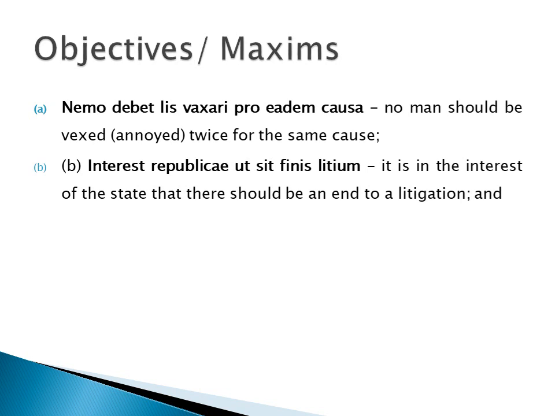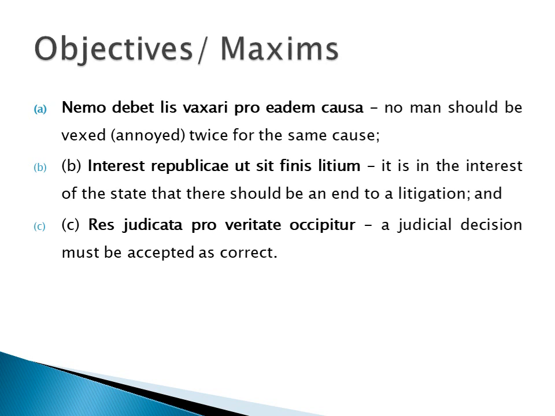B. Interest reipublicae ut sit finis litium, meaning thereby that it is in the interest of the state that there should be an end to a litigation. C. Res judicata pro veritate accipitur, which means a judicial decision must be accepted as correct.